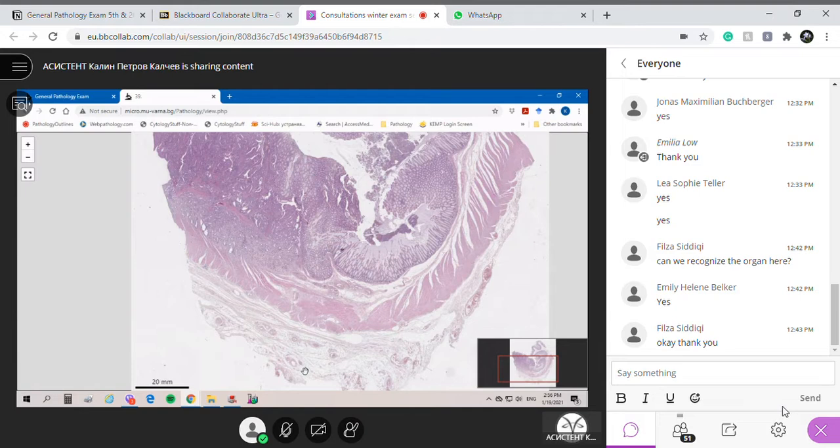And if you cannot define any of these T, N, or M because of insufficient information, for example, you have found a metastasis of the tumor, but you cannot tell where the tumor is, then you define the T stage as Tx, because you know that there is a tumor, but you cannot stage it.